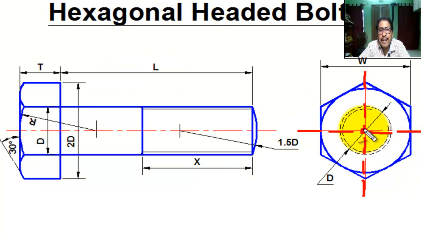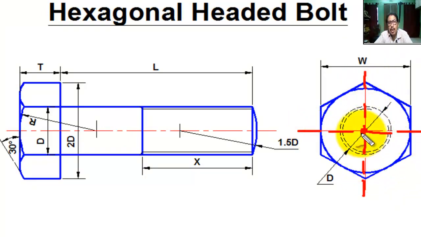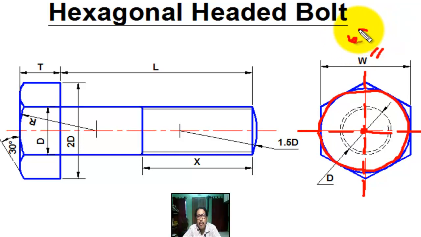Next, with center at the intersection point of x-axis and y-axis, we draw the circle with 69.2 actual diameter. Draw this circle. This is the width. Actual width will be 69.2.